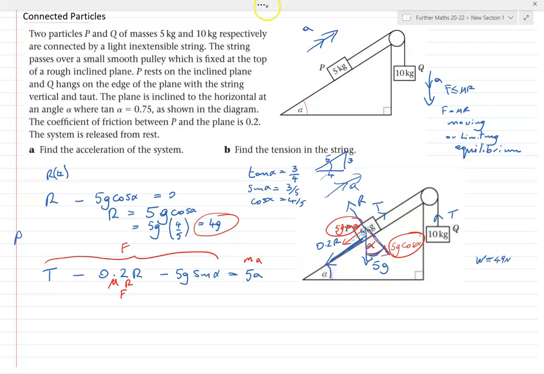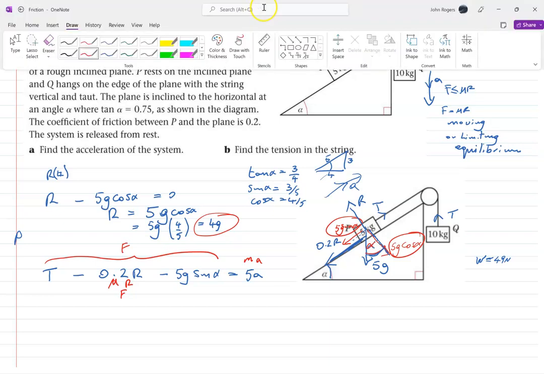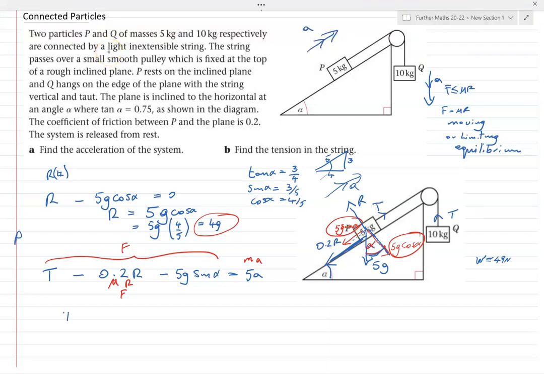So let's just tidy that up a bit before we do any more equations. I like to do that sometimes. So T minus 0.2 times 4g minus 5g times 3/5 equals 5a.